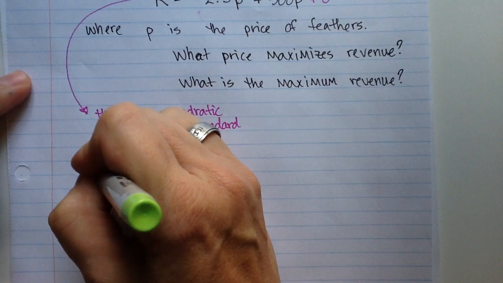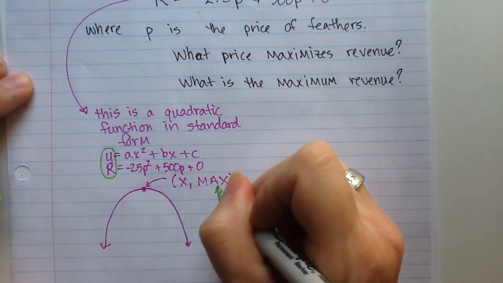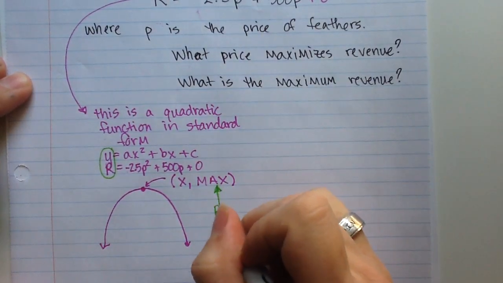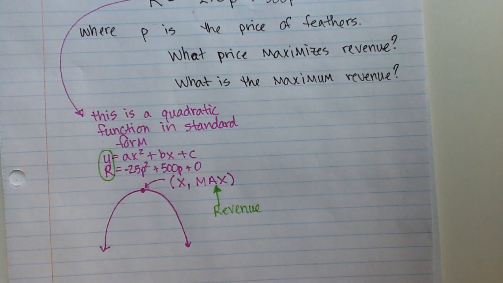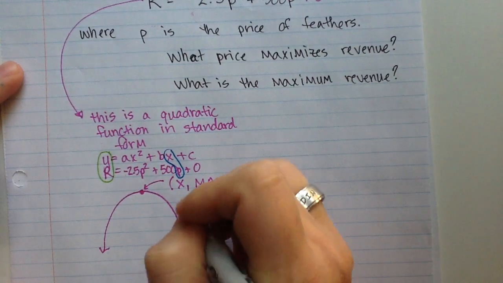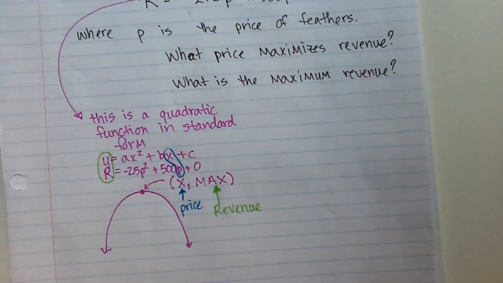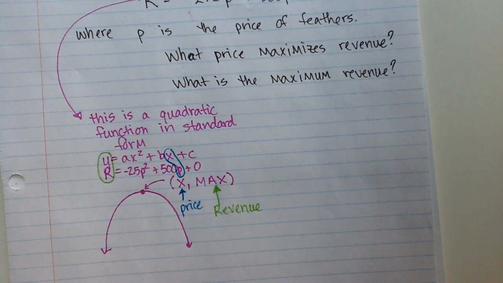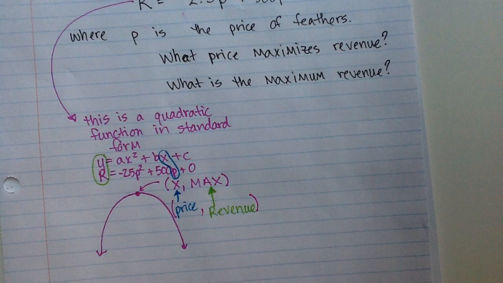Since the R is in the same spot as the y, this y-coordinate is going to be revenue. And since the x is in the same spot as the p, this x-coordinate is going to be price. So every ordered pair on my graph has an x value that represents the price and a y value that represents the revenue.